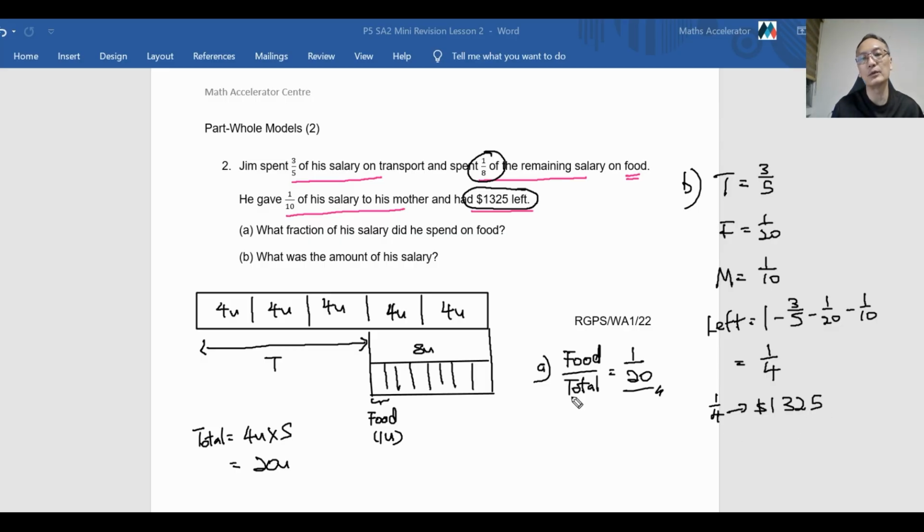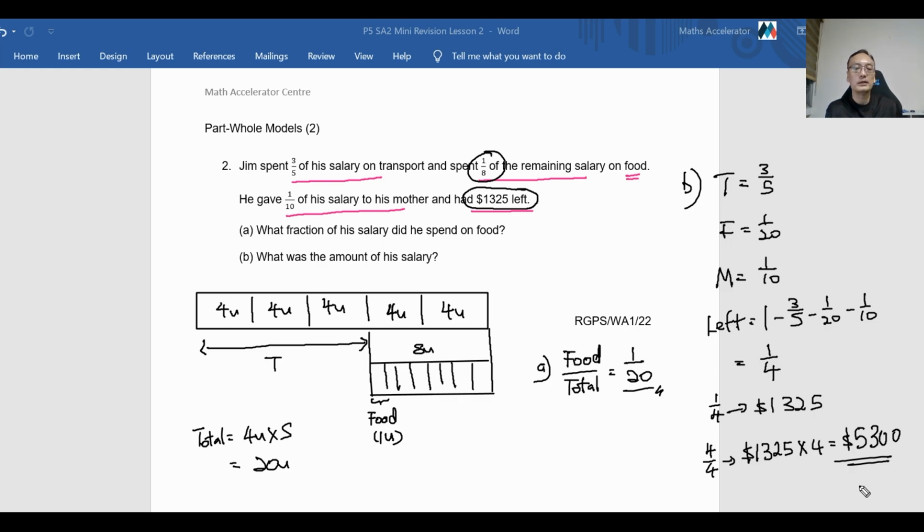So in order to find his salary, that's 1 whole, 4 over 4, we will take this amount, multiply by 4, and we will have $5,300. So that's the answer for part B.